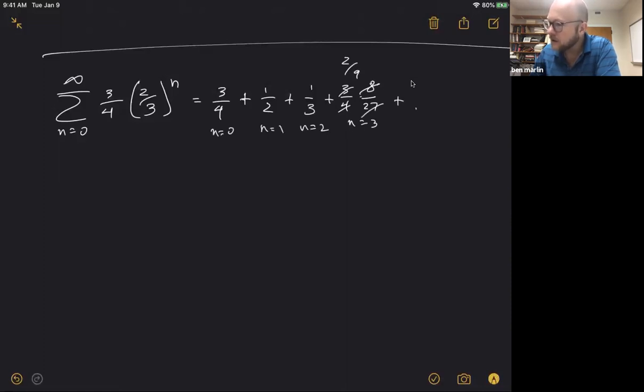And recognize I can keep going like that, not forever, but as long as I feel like going. I can get a pretty good approximation by running out 1,000 terms or something. And if you're doing this with the computer, let it do 1,000 terms.